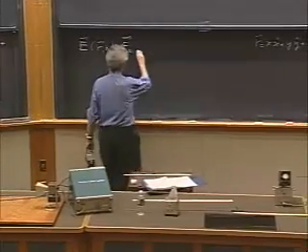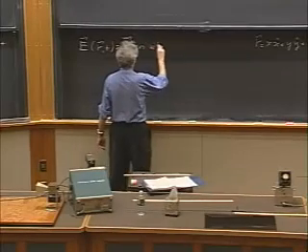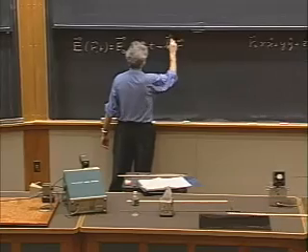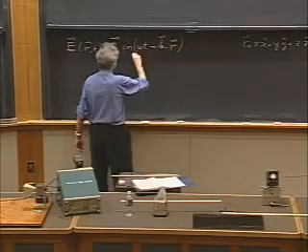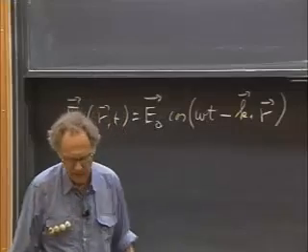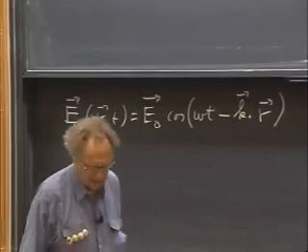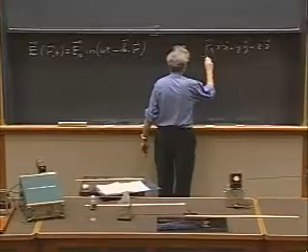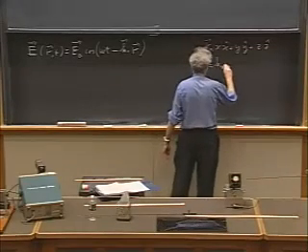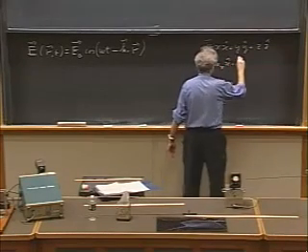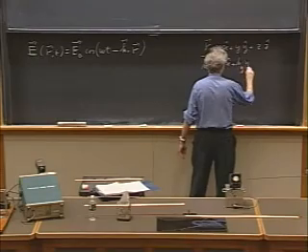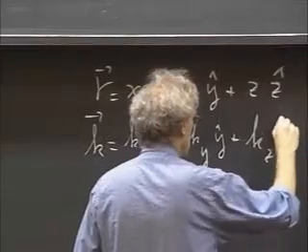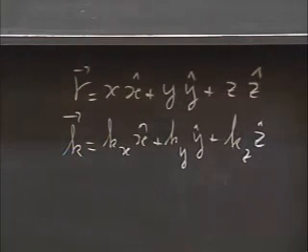And now I can write down here the cosine of omega t minus k dot r, which is now the most general way that I can write this electromagnetic wave, whereby k is kx in the x direction plus ky in the y direction plus kz in the z direction.